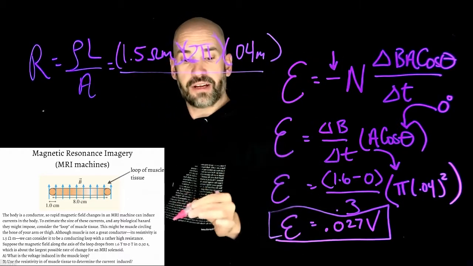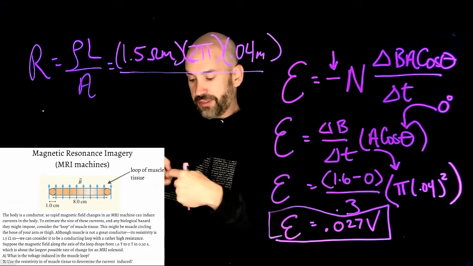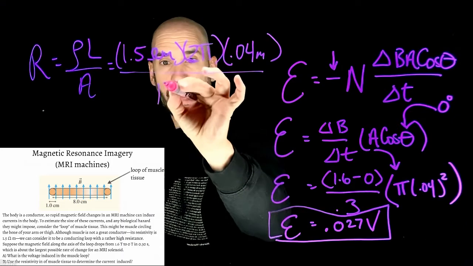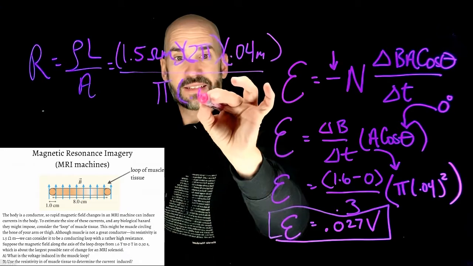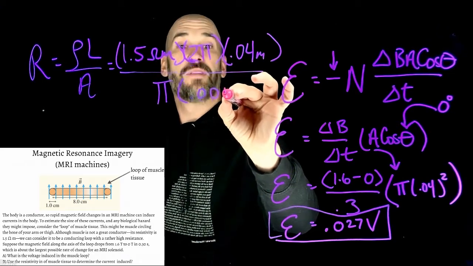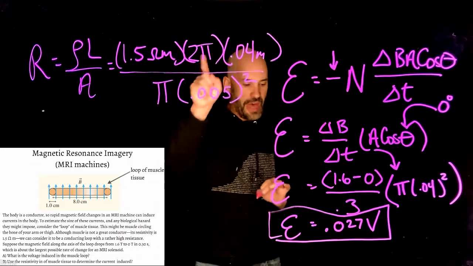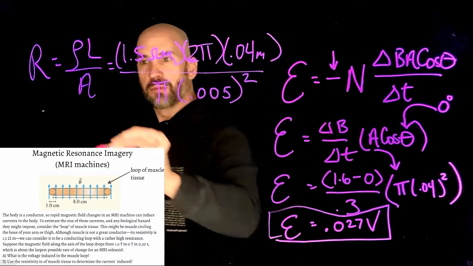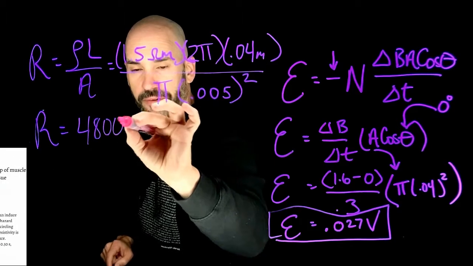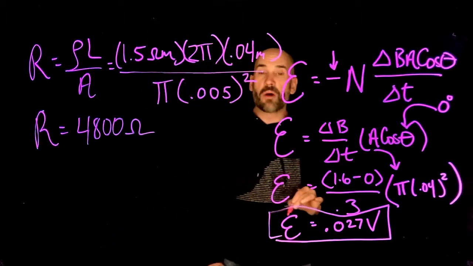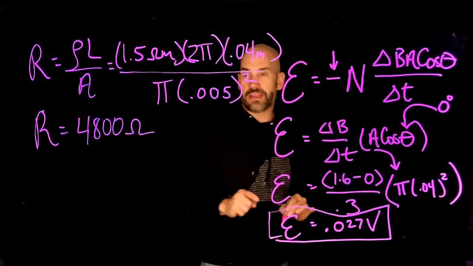And the area is the actual area, as you can see in this picture, of the material itself, which is going to be pi times the radius squared, with 0.005 meters. Whew. Okay, that means that I am getting a resistance for that little muscle loop of 4,800 ohms.